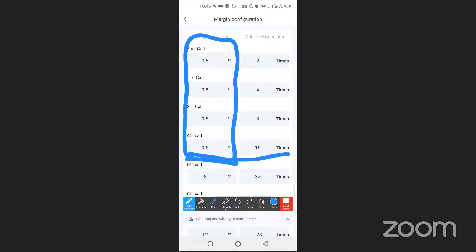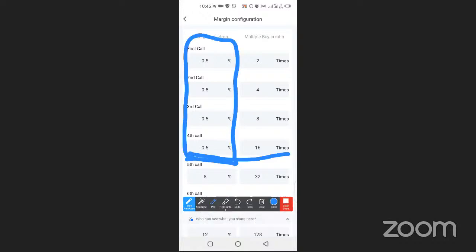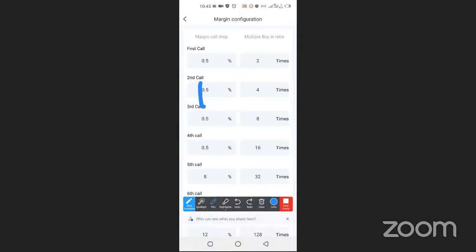Now, the number of times will depend on your capital. For example, if I have a budget of $150, I don't want to put all my $150 in the market. Why, Julius? Because I don't control the market. I say, okay, how much will I use?